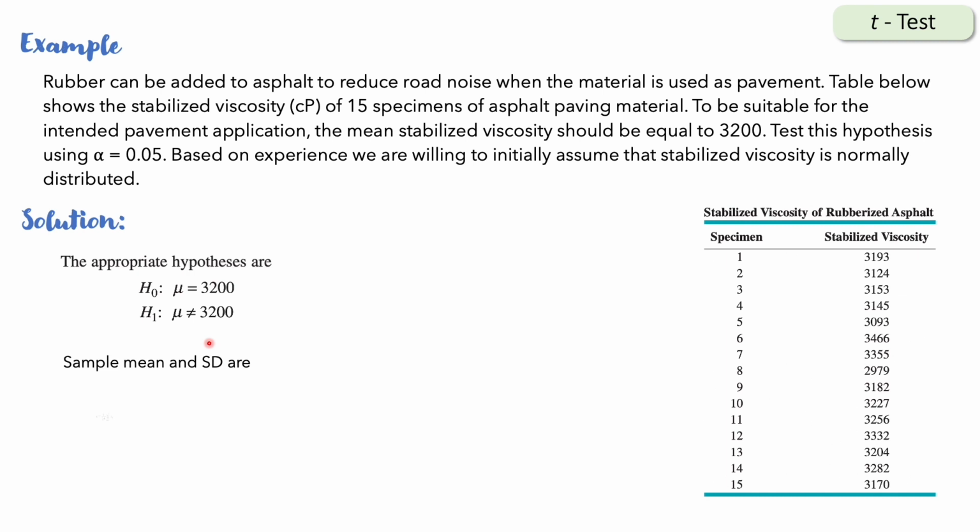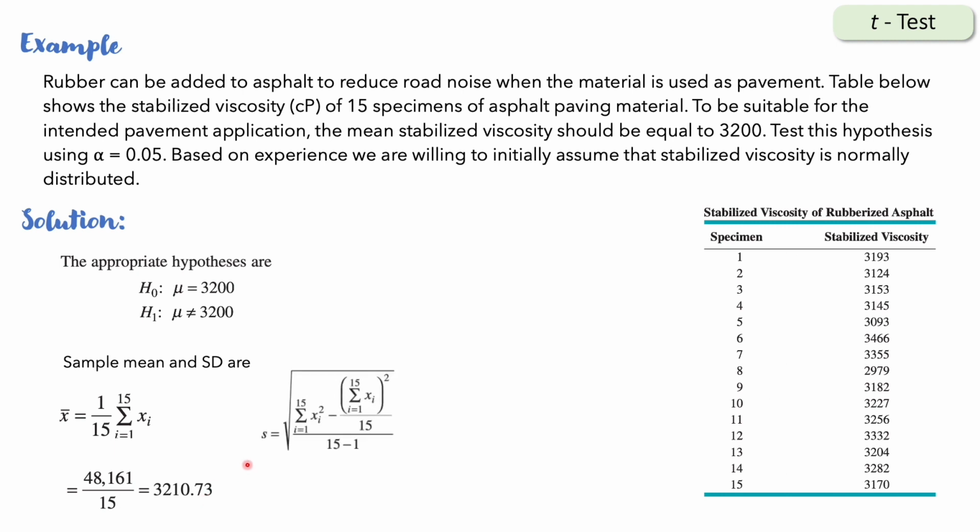Now we have to compute the sample mean first, and the sample mean can be calculated like this: the sum of all these values divided by the total number of values. Very simple, we get this one. So sample mean is equal to 3210.73, and the sample standard deviation can be calculated like this.